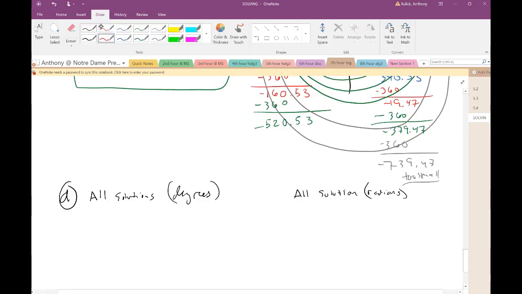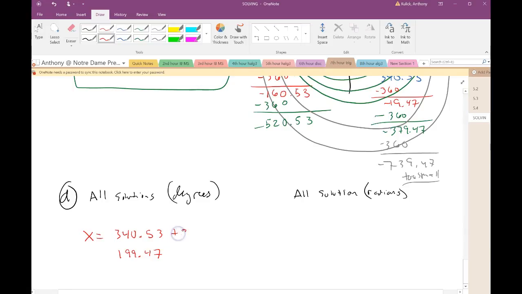Okay, and part D we asked for all the solutions in degrees and then all the solutions in radians. So what I'm going to do is go back to my answers from part A. So those are my two possible answers, right?